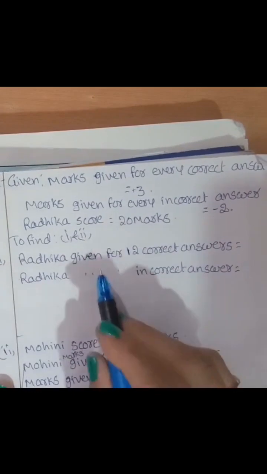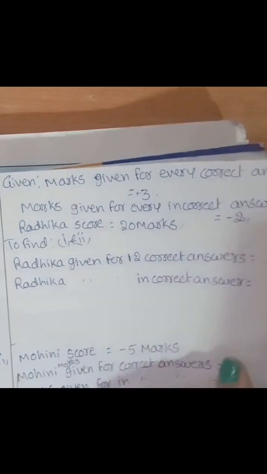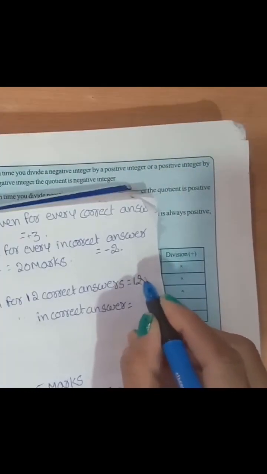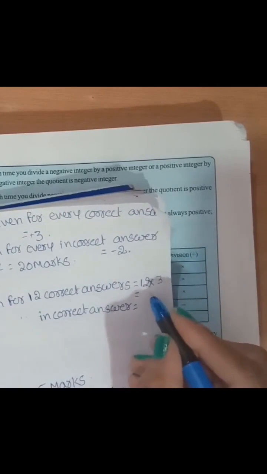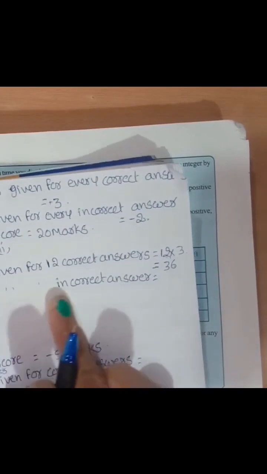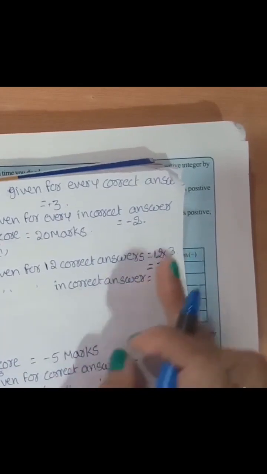Here, first one, Radhika gave 12 correct answers. 12 into each correct answer is 3 marks only, so 12 times 3 is 36 only. Okay? Yeah, next one is the incorrect answers Radhika gave.